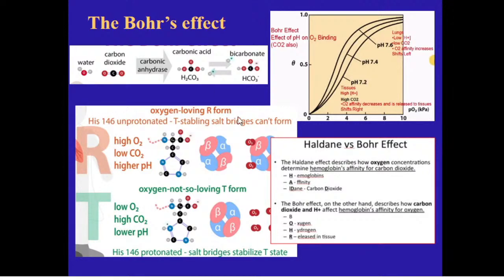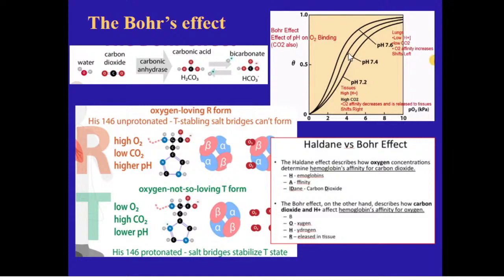So this phenomenon is named the Bohr effect. It means that pH affects oxygen binding by hemoglobin. Look how this sigmoid curve is shifting left or right depending on the change of pH.